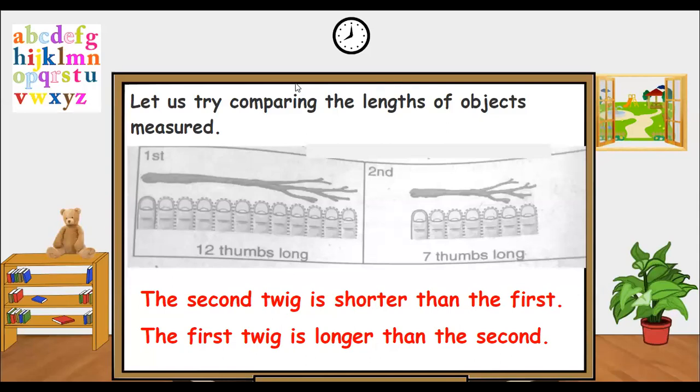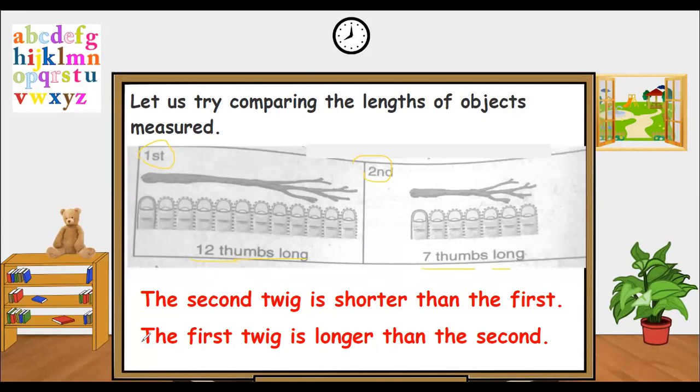So let's do this one. Let us try comparing the lengths of objects measured. Okay, so let's do this one. So first, and the second. So here, 12 thumbs long. And the second is 7 thumbs long.